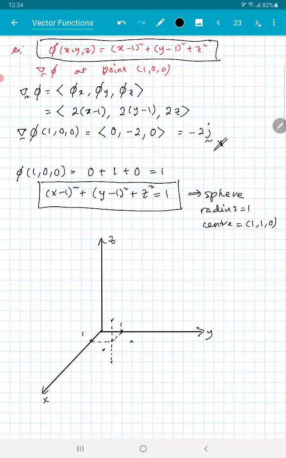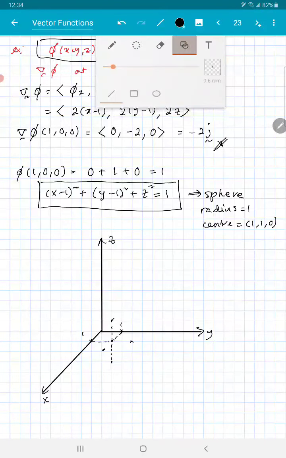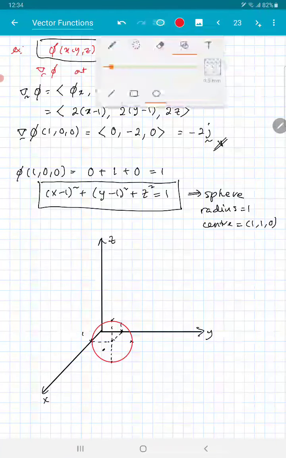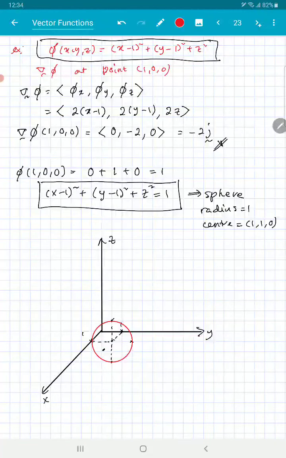Let's sketch our sphere in red. Here we have a sphere of radius 1, and here a circle. That's a 1, that's a 1, and this one is 2. So this is our level surface represented by this equation.